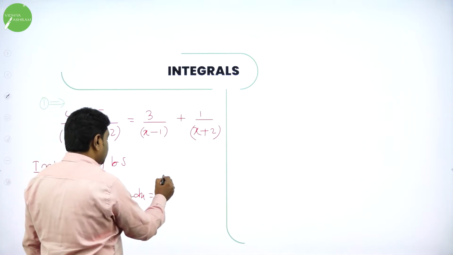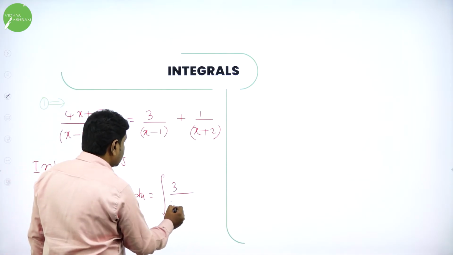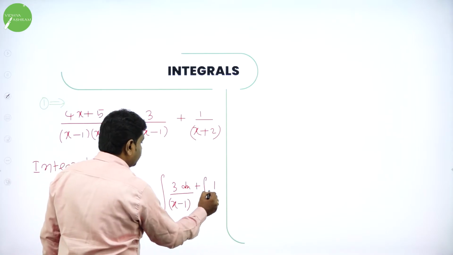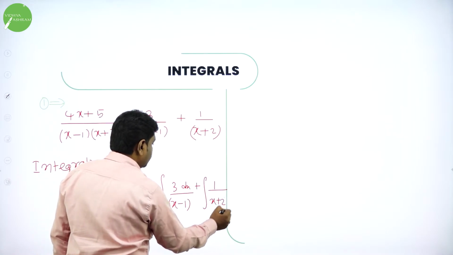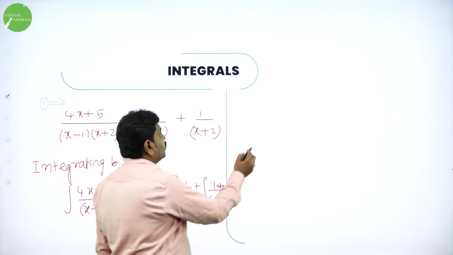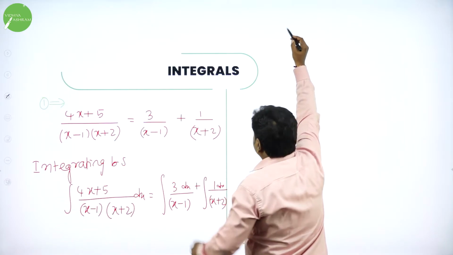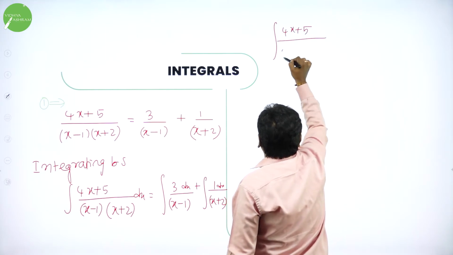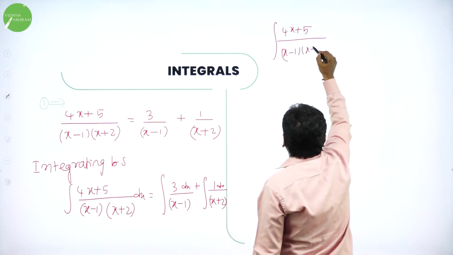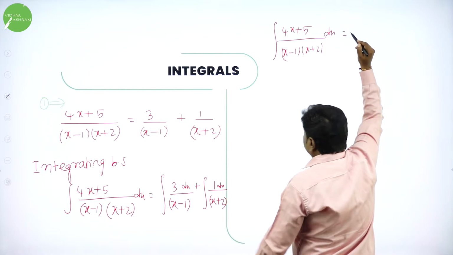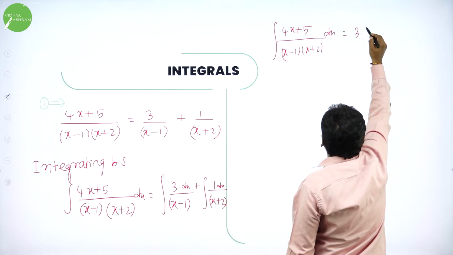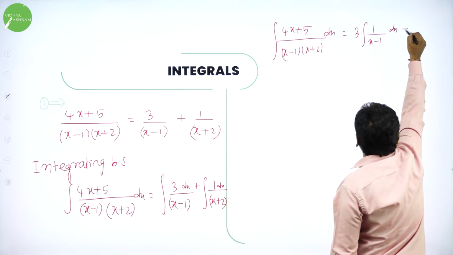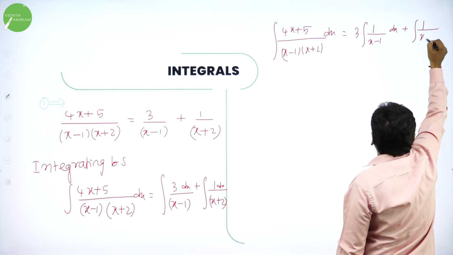RHS, each term integrate, integration of 3 divided by x minus 1 dx plus integration of 1 divided by x plus 2 dx. So now LHS is the given question, integration of 4x plus 5 divided by x minus 1 into x plus 2 dx is equal to, in RHS 3 is constant, take it out, integration of 1 by x minus 1 dx plus integration of 1 divided by x plus 2 dx.